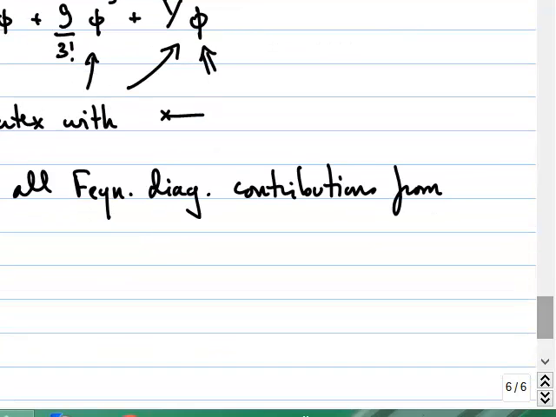So in particular, this will just be equal to i times y. So that would be the Feynman rule if you added a new vertex that only had one line coming off of it instead of three.